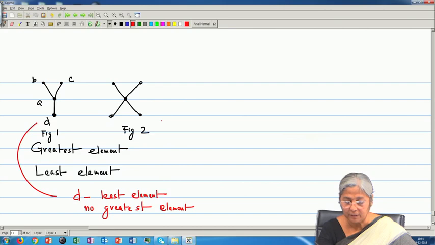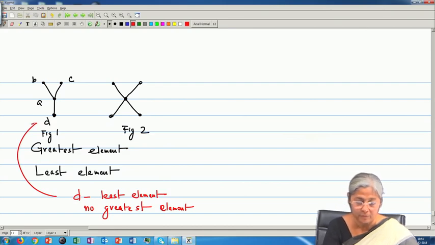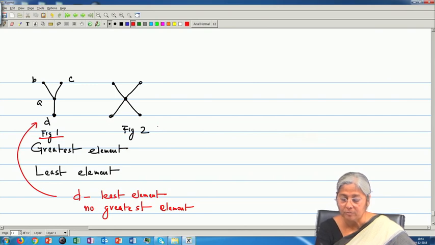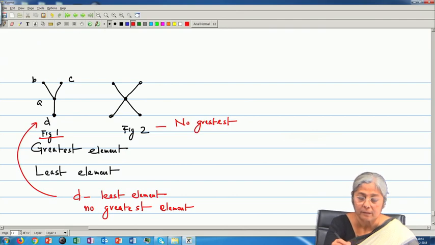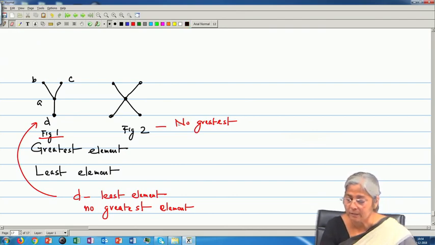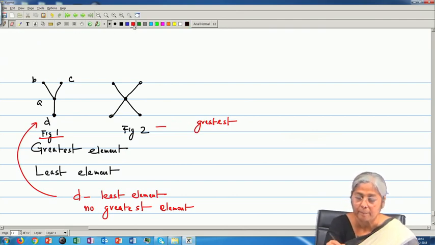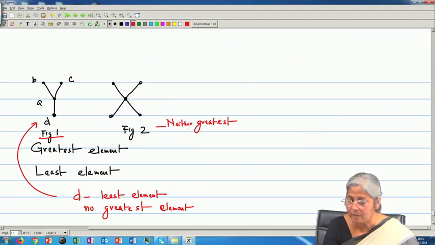Then for figure 2, there is neither greatest nor least element.